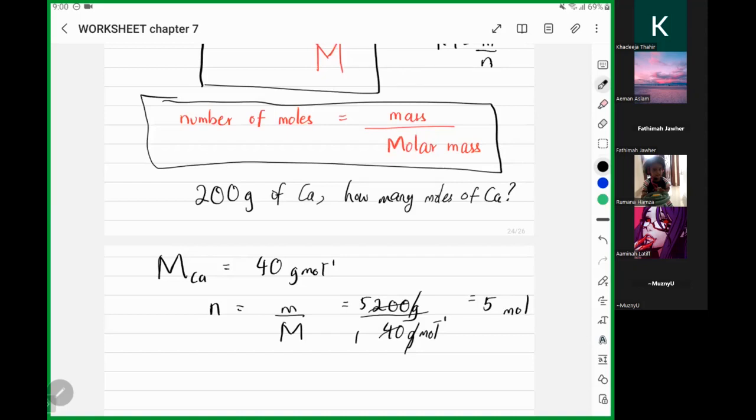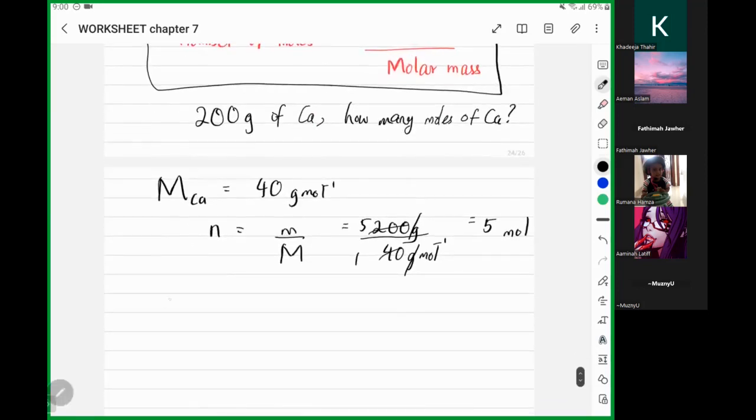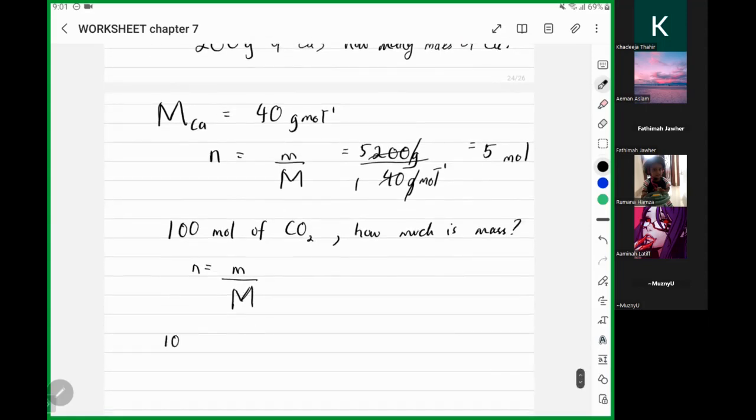Yes. Okay, now if we take carbon dioxide, it's 44 grams per mole. Let's say I tell you I have 100 mole of CO2. How much is the mass? That's what I'm asking. So again, n equals m over M. I have 100 mole, molar mass is 44.